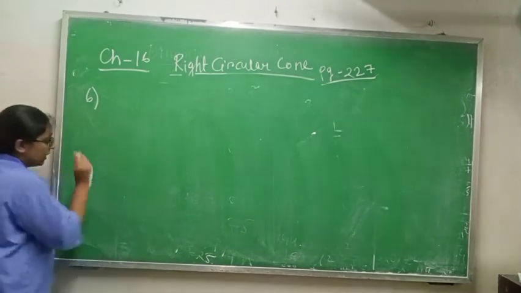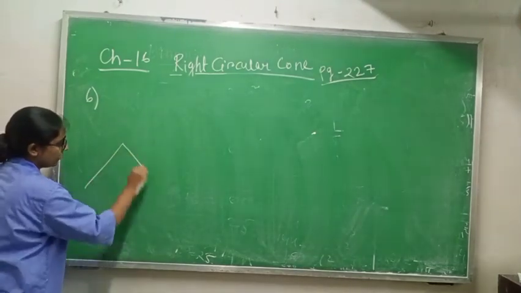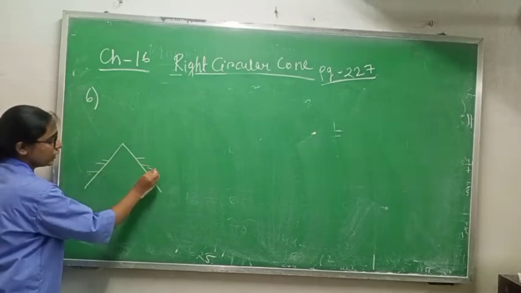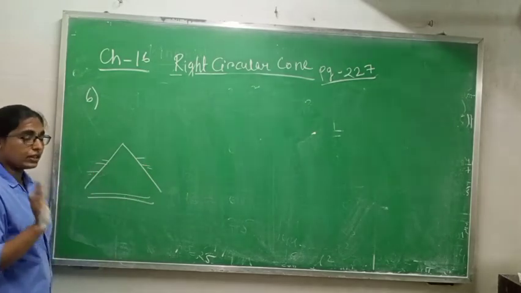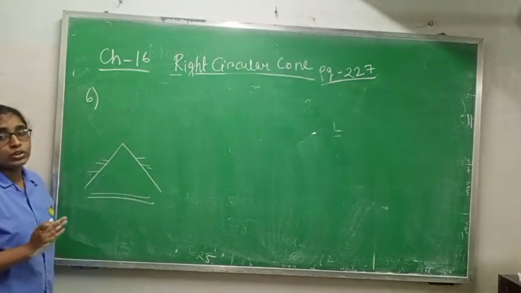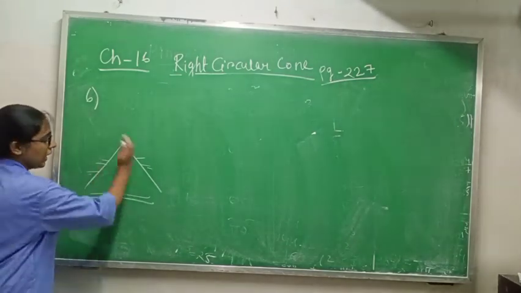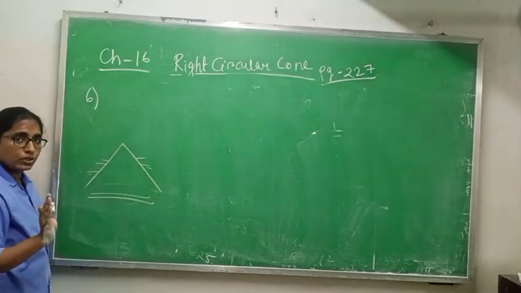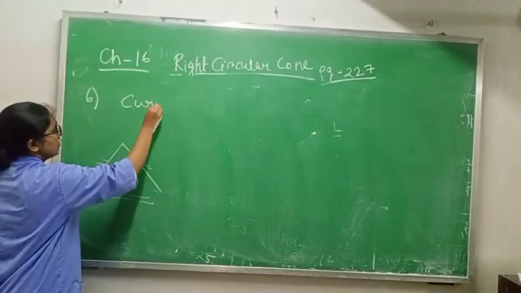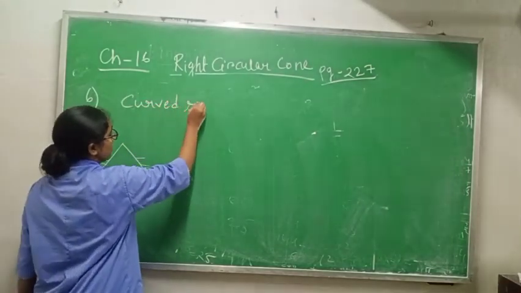Whenever there is a concept of tent, it is like this. So tarpaulin we use for this part and this part, not for base. Never use tarpaulin for base. So for this and this, what we know, curved surface area, take only this part, not this base part.